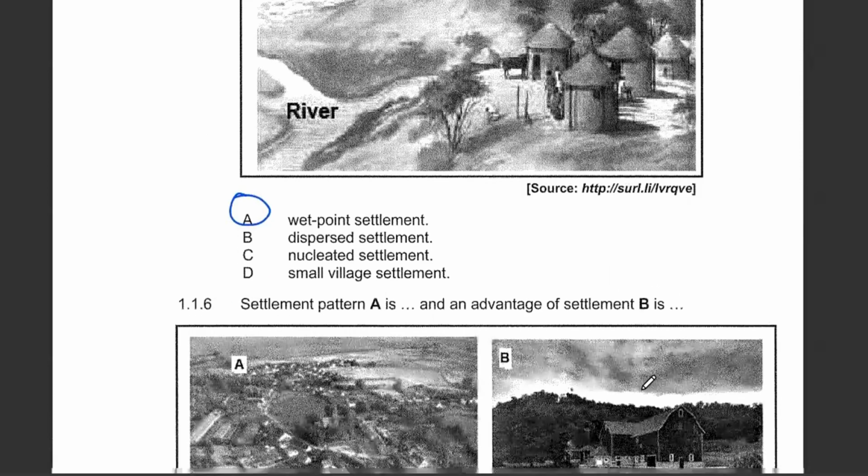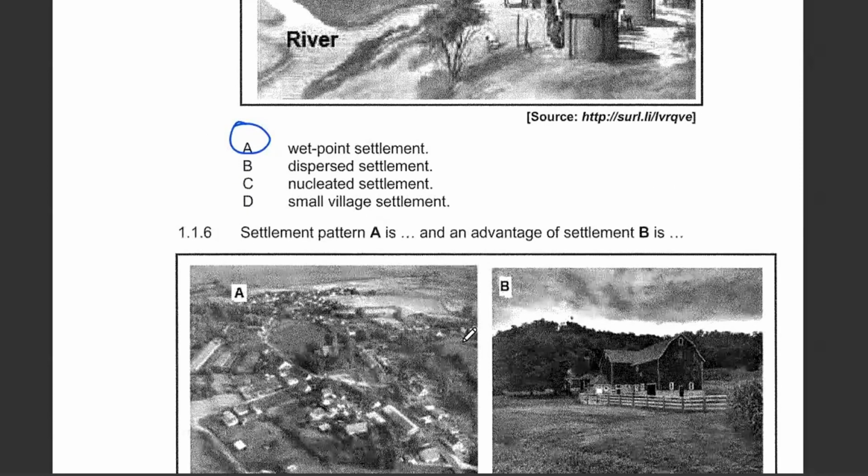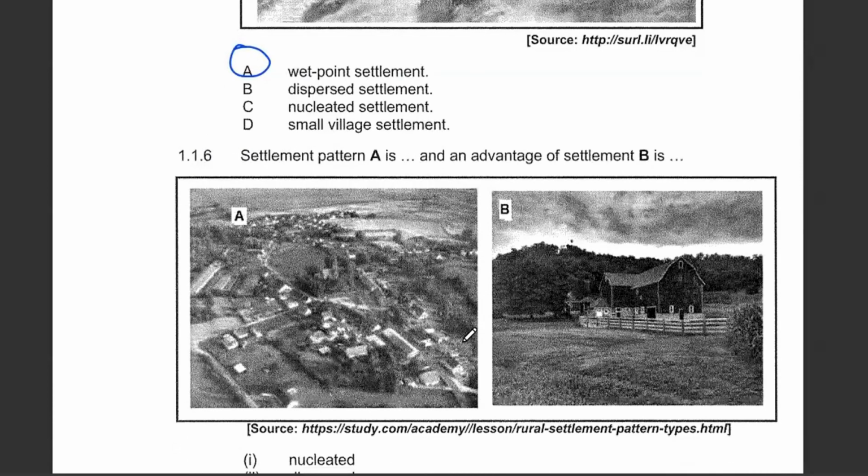All right, we move on. A settlement pattern A is dash, and an advantage of settlement B is. But if you look at settlement A, you can see that the homesteads are closer to each other.